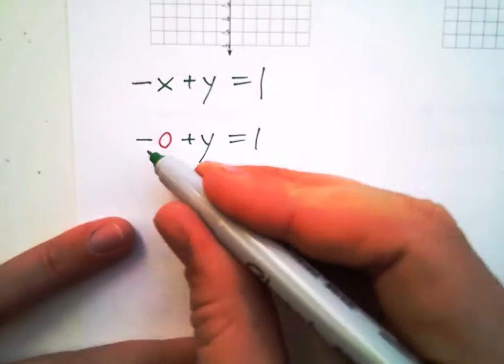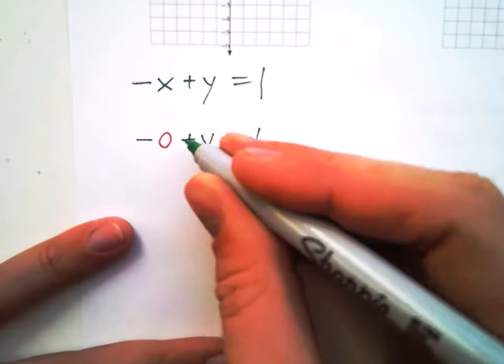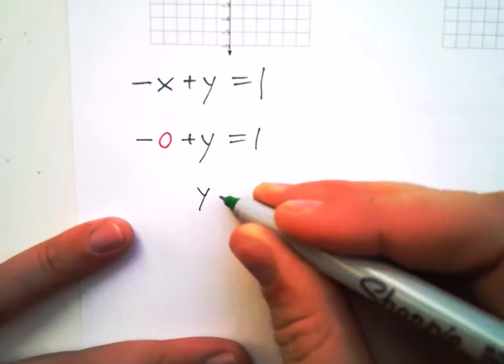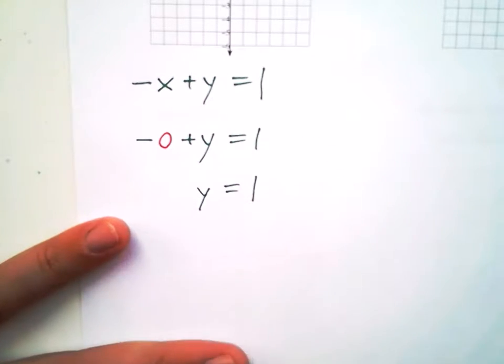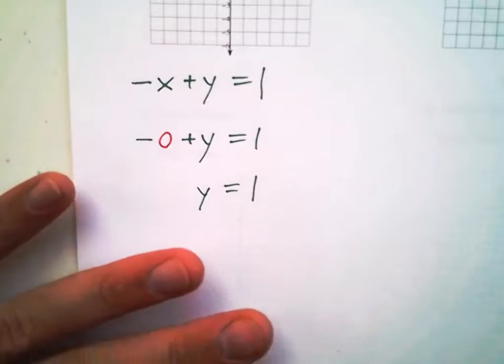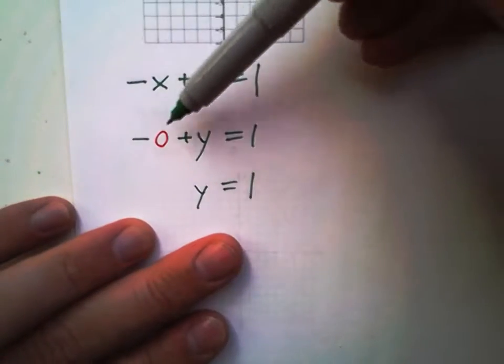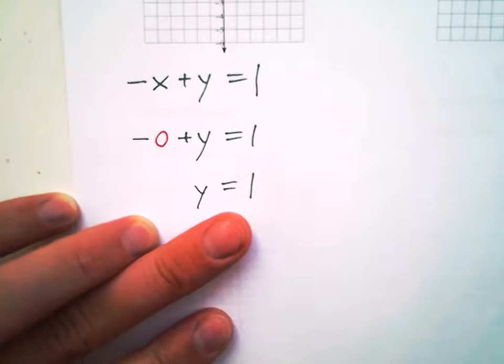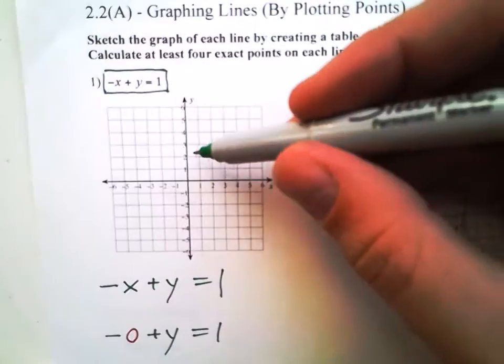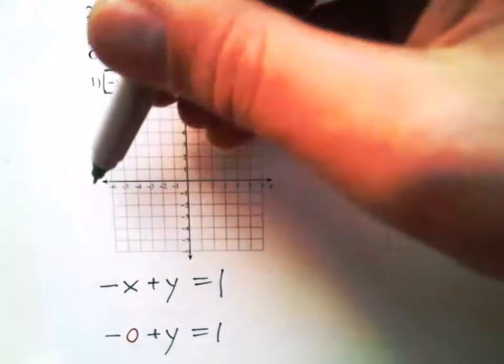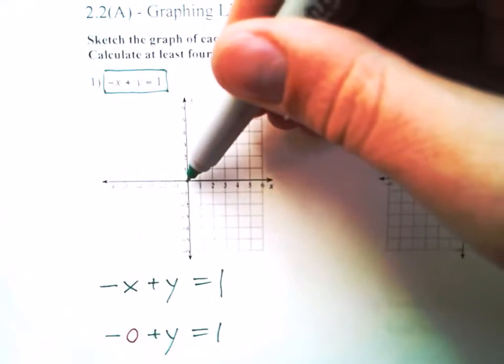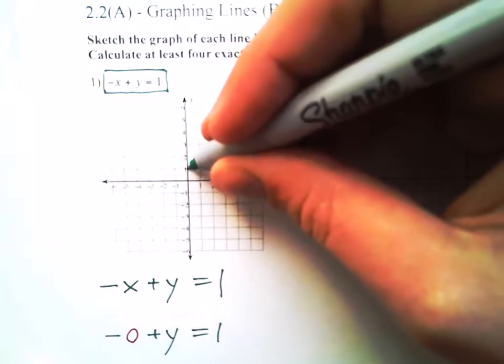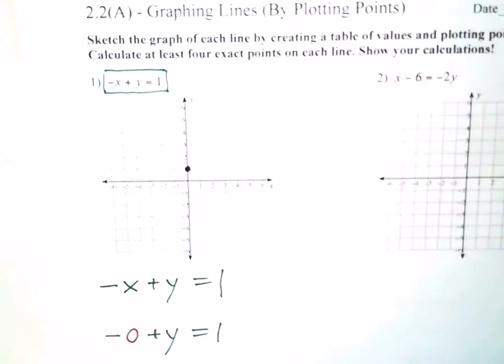Negative 0, that's just 0, plus y equals 1, so y equals 1. So if x is 0, y equals 1. So come up to the graph, x is 0, then y is 1, right there.